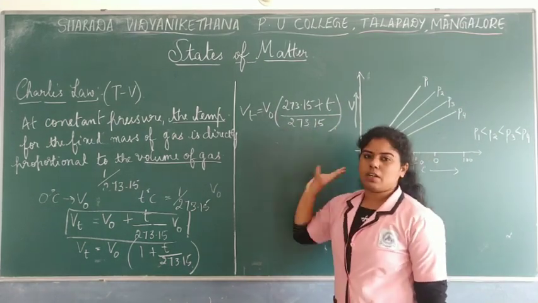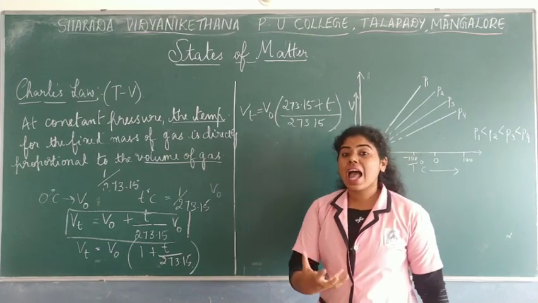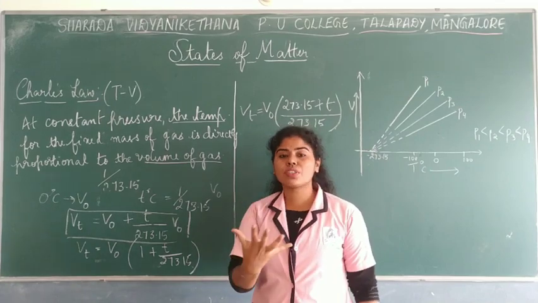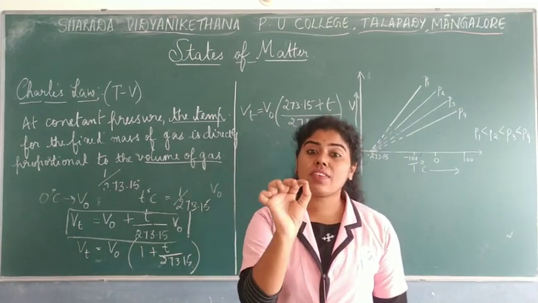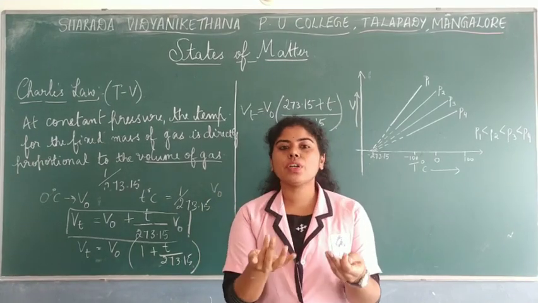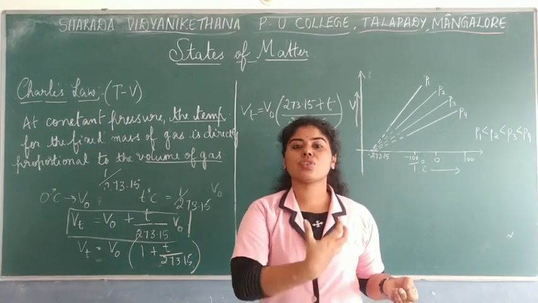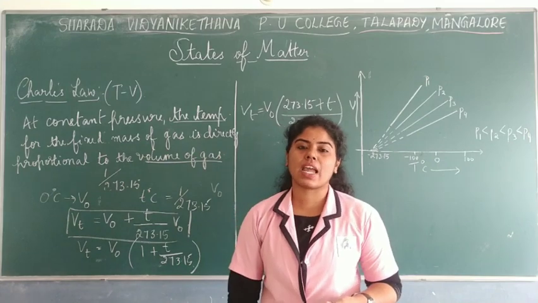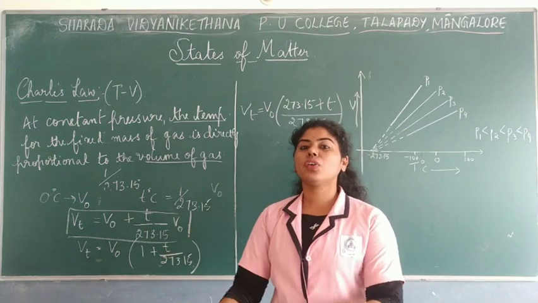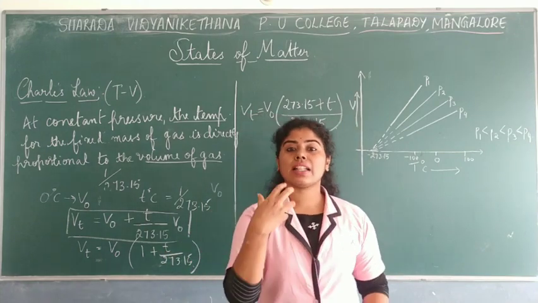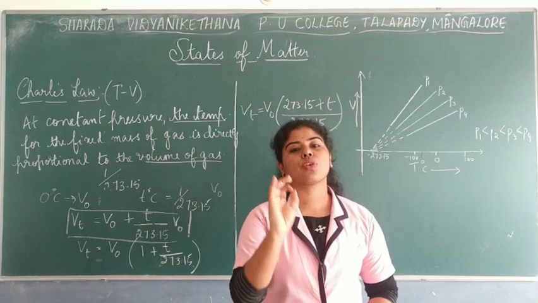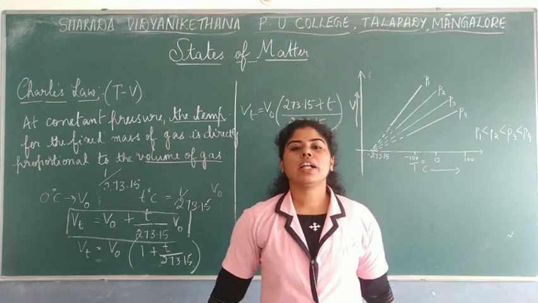Now from this particular expression, we have deduced a new scale of temperature called the Kelvin scale of temperature. You remember you used to study that whenever you have the scale in degrees Celsius, you convert them into Kelvin scale by adding 273.15, right? The Kelvin scale of temperature is said to be a very accurate scale of temperature when compared to degrees Celsius.